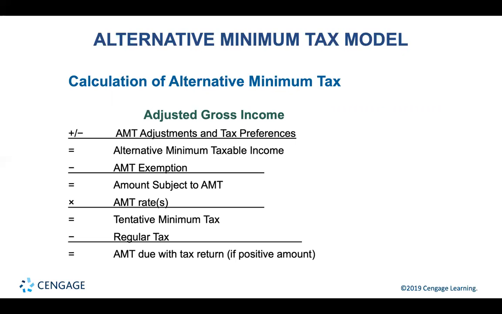From your alternative minimum taxable income, you're allowed an exemption allowance, which is a given amount, which then gives you the amount of income that is subject to AMT. From there, you calculate it at the 26% rate or up to the 28% rate to get your tentative minimum tax. Subtract what you would calculate as your regular tax on income from the tentative alt-min tax. And if this is a positive number, then you have to pay the alt-min tax with your tax return.